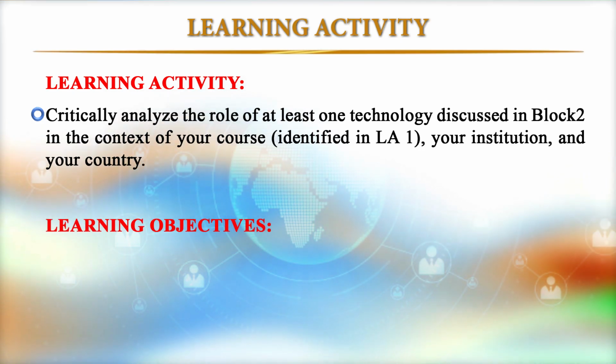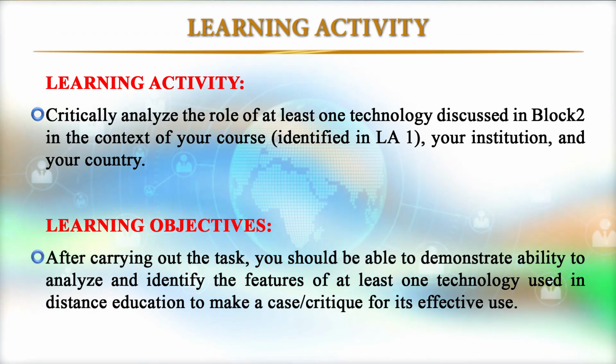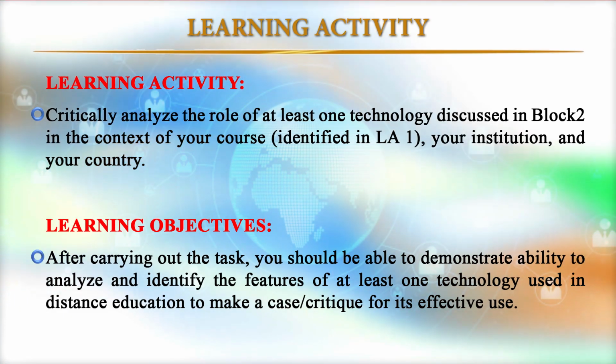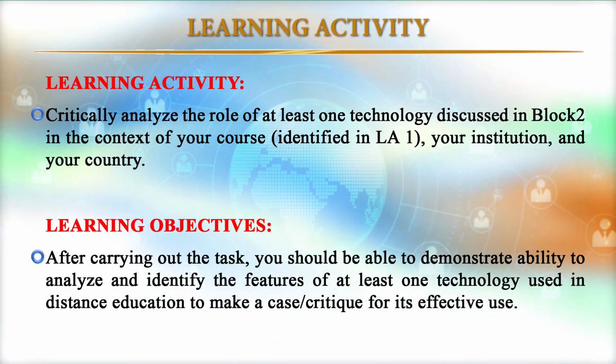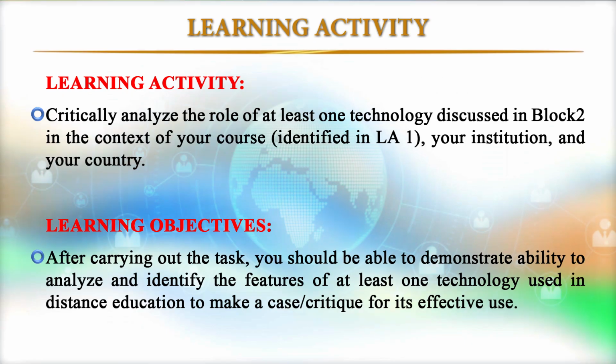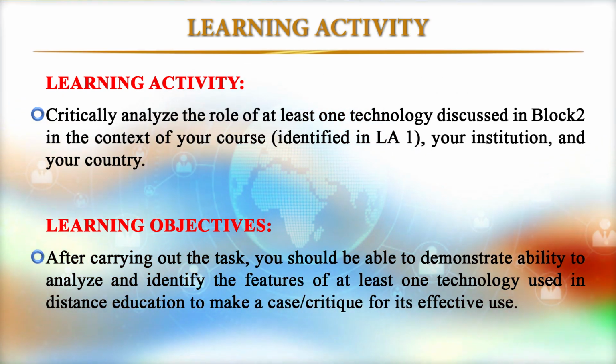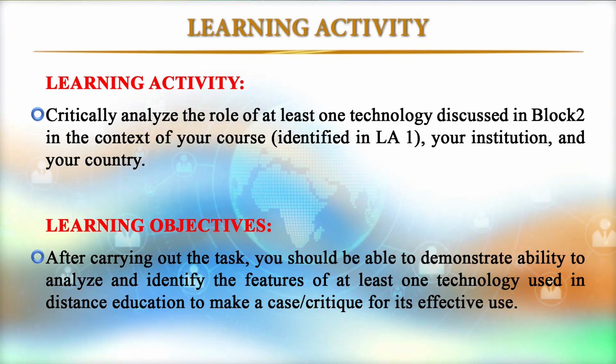So, the objective of the learning activity is that, after carrying out this task, you should be able to demonstrate the ability to analyze and identify the features of at least one technology used in distance education to make a case or critique for its effective use. That is our major objective of this activity.